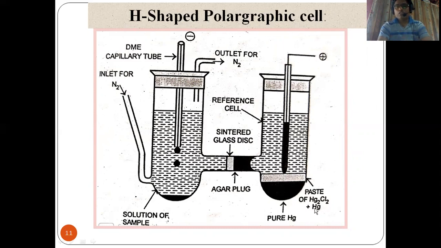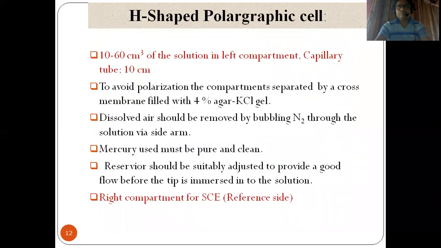Here it is a paste of HgCl2 and Hg. There is a connection between the anode and cathode through a sintered glass disc having an agar plug. Here is the solution of the sample, and there is another provision for an inlet and an outlet for nitrogen to remove the dissolved oxygen. We will discuss later why it is necessary to remove the dissolved oxygen.